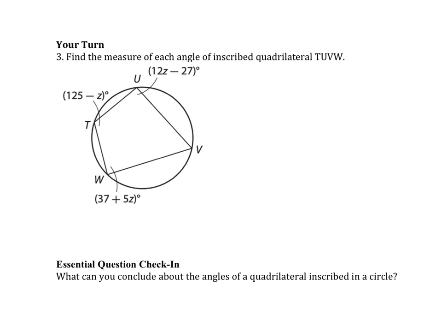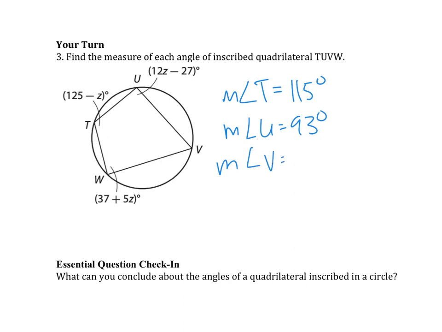All right, so try one on your own here. Go and pause the video and work through it. And then your answers to check your work: measure of angle T is 115, measure of angle U is 93, measure of angle V is 65, and measure of angle W is 87.